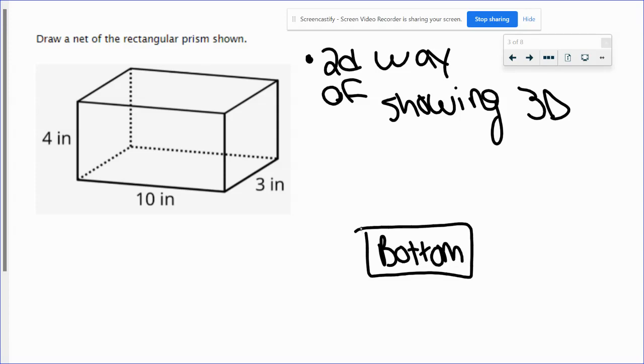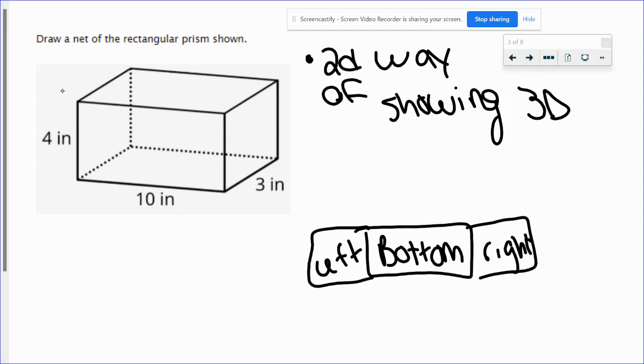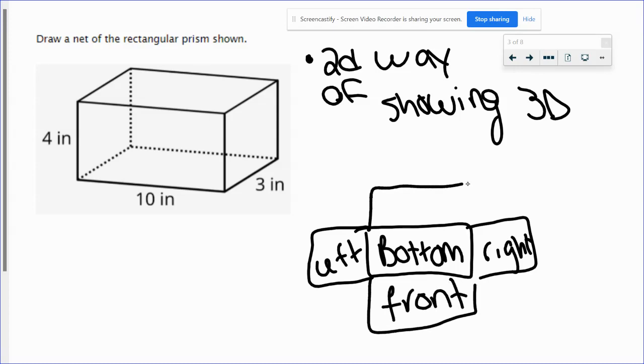And then we will have two sides, which would be my left and my right. If I folded the front piece down, it would come down like this off of the bottom. And if I folded my back side down, it would come back here on the other side of the bottom.